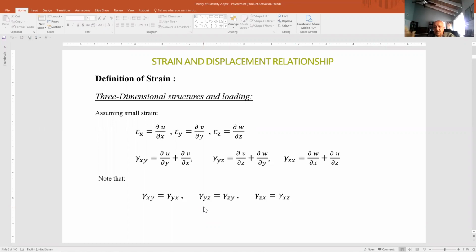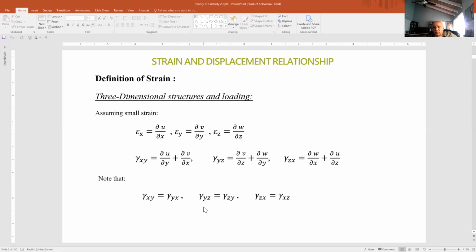Strain in three-dimensional space is also identified with 6 components: 3 normal components, epsilon x, epsilon y, epsilon z, and 3 shear components, gamma xy, gamma xz, gamma yz. Similar to the stresses, these strain matrices are symmetric. Gamma xy is equal to gamma yx, similar to tau xy is equal to tau yx.